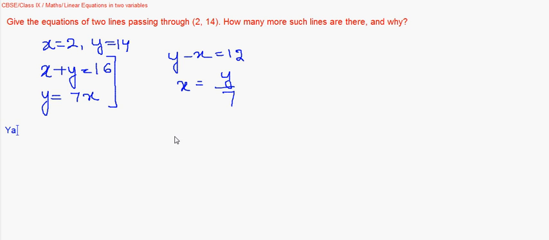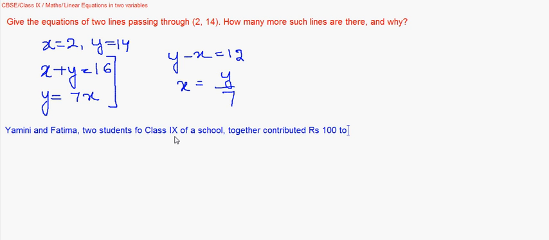It says Yamini and Fatima, two students of class 9 of a school, together contributed rupees 100 towards the Prime Minister's relief fund.